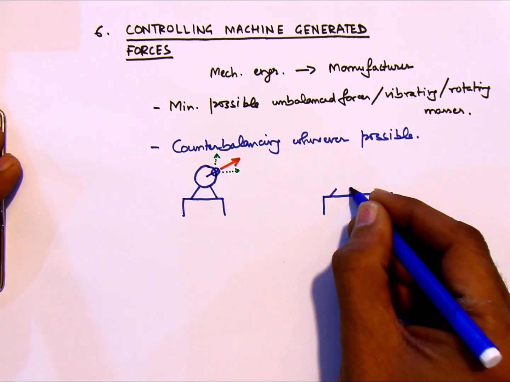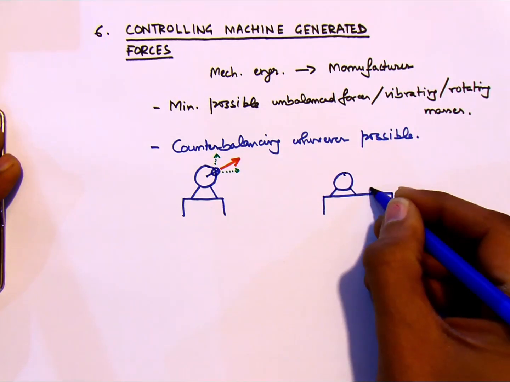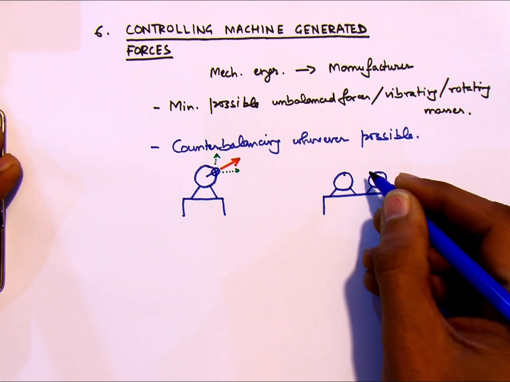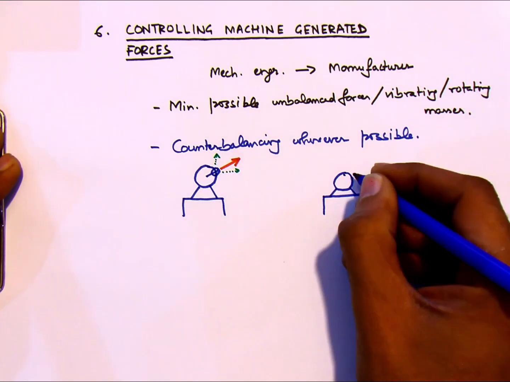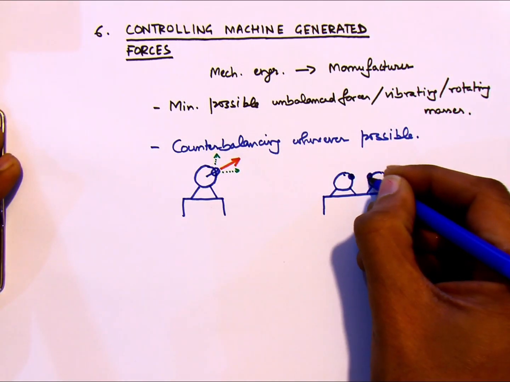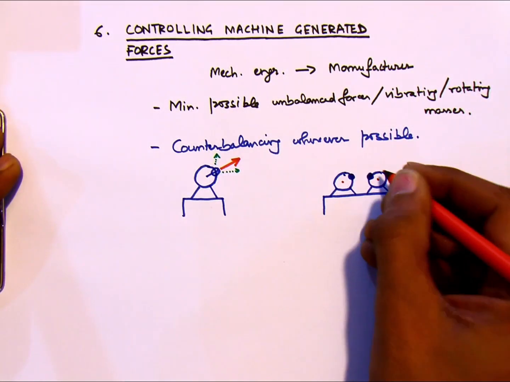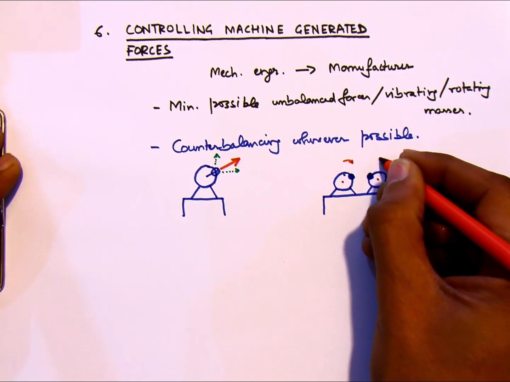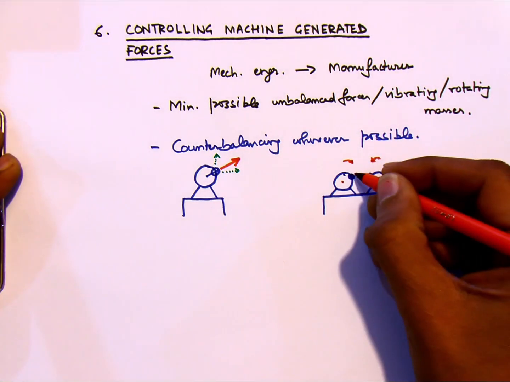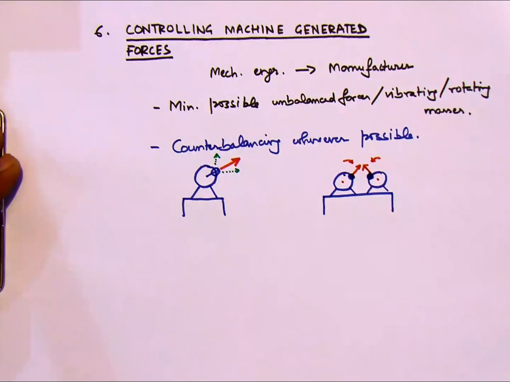However, instead of one big rotor, the manufacturer might adopt two small rotors which are synchronized and are undergoing rotations in opposite directions, such that the resulting centrifugal forces from the two rotating masses act in such a manner that at least the horizontal component is cancelled out.